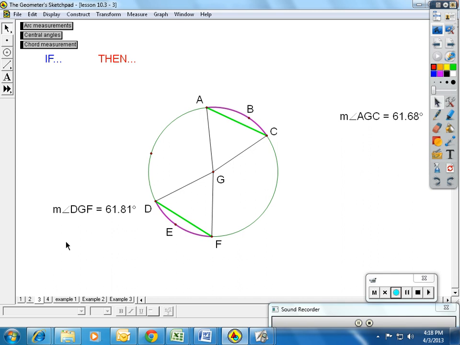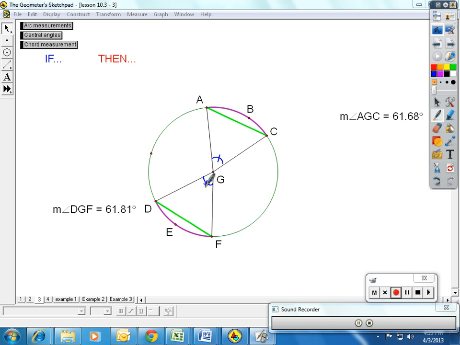61.81. I'm pretty close now. Let's see if I can get that closer. 61.61. That might be as close as I can get. We're going to assume now that these central angles are congruent.